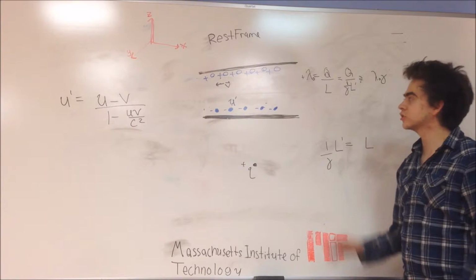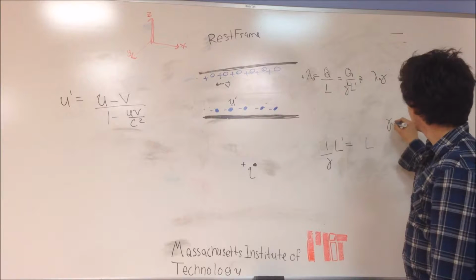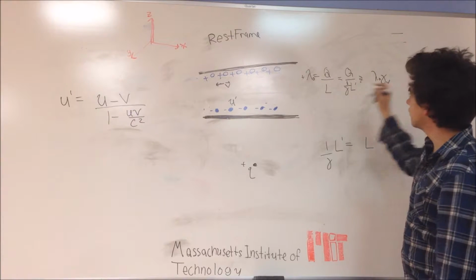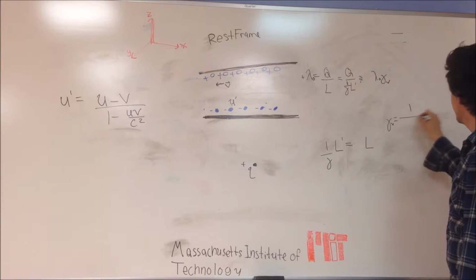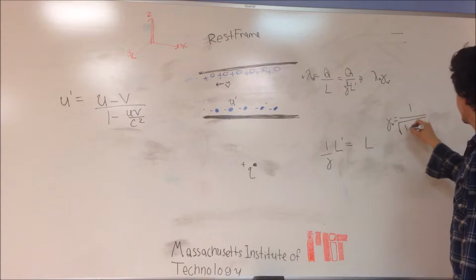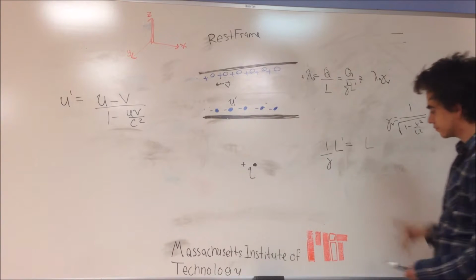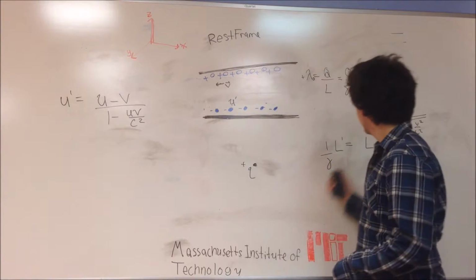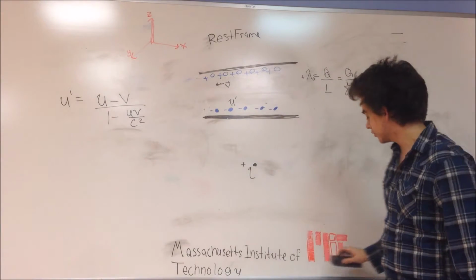And this gamma, by the way, is going to be gamma v for the positive ones. We define it as 1 over the square root of 1 minus the velocity of the particles over the speed of light, squared.